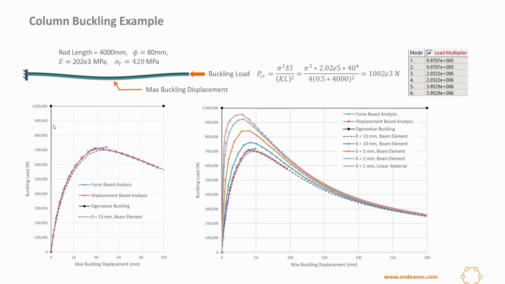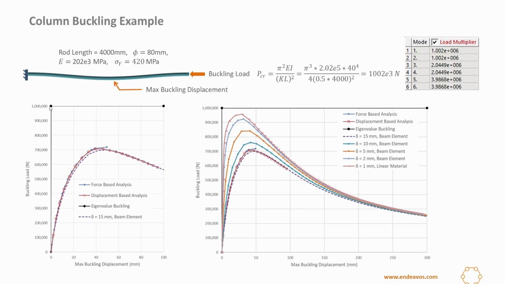In the case of eigenbuckling, there is no displacement. This happens instantaneously. The rod is perfectly straight, and then suddenly we undergo buckling. So there is no gradual displacement. It is what we get from the Euler buckling equation, which is shown here. Note that the K value is 0.5 for a fixed support.